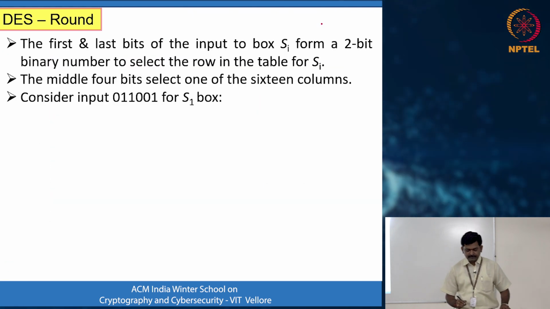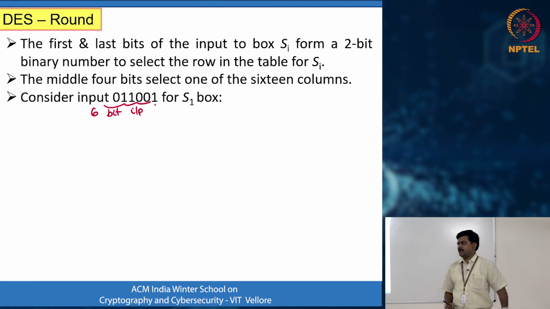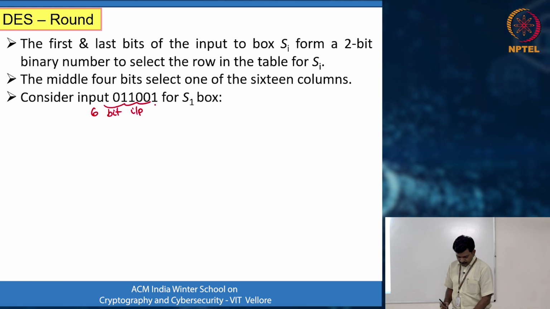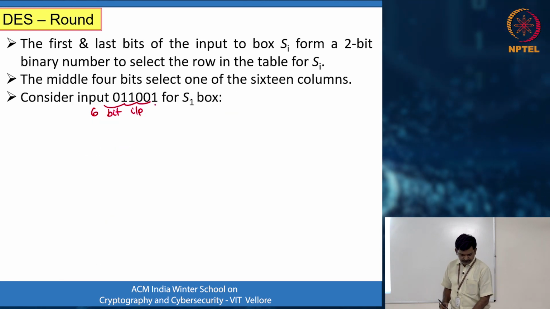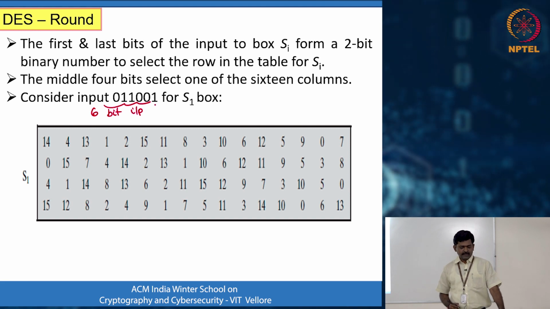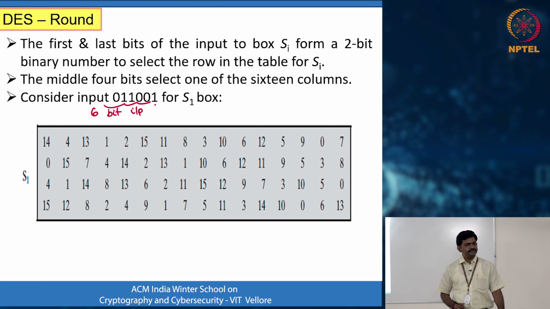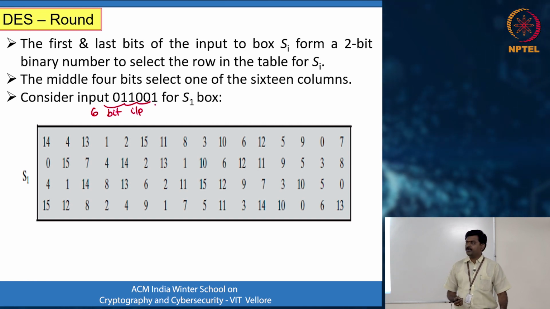So imagine this is your 6-bit input to the first box. This is your first box. Now how do you handle this?